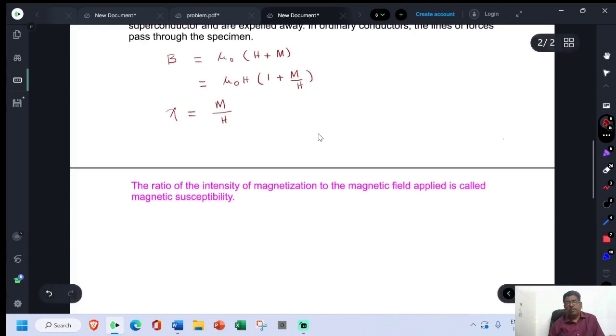The ratio of intensity of magnetization to the magnetic field applied is called magnetic susceptibility.